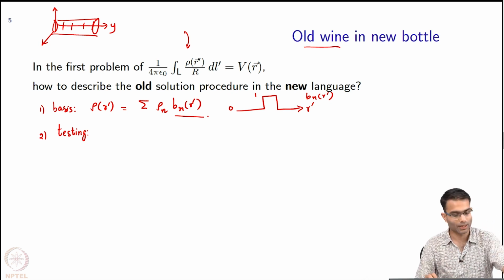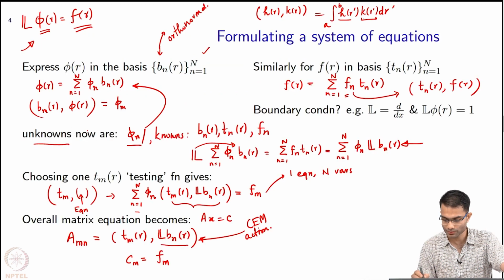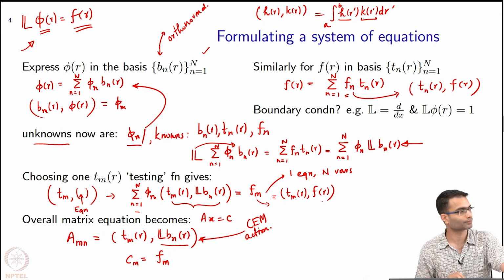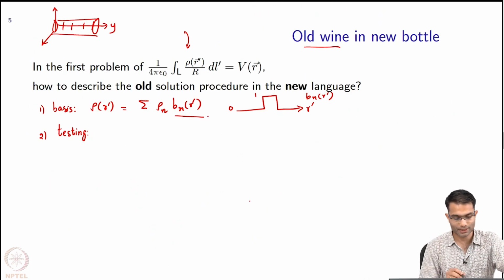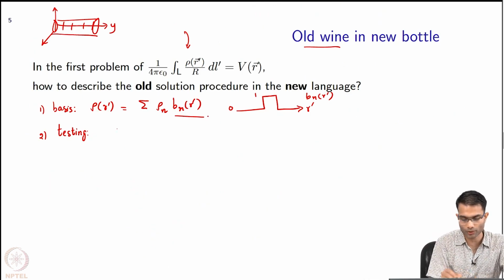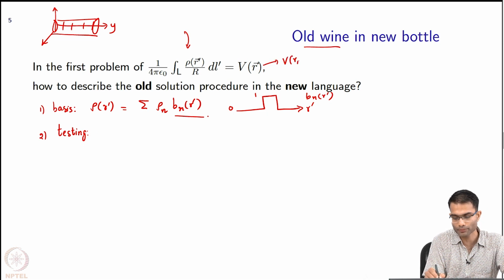So what was the right hand side that we had in this equation? This Fm that I wrote over here, how did it actually come? It came when I took an inner product of Tm of r with f of r. That's how I got my Fm, right? Now how do I get v of Rm?